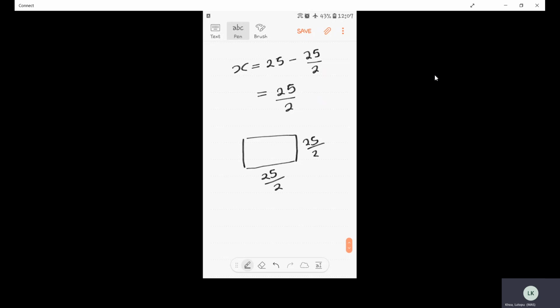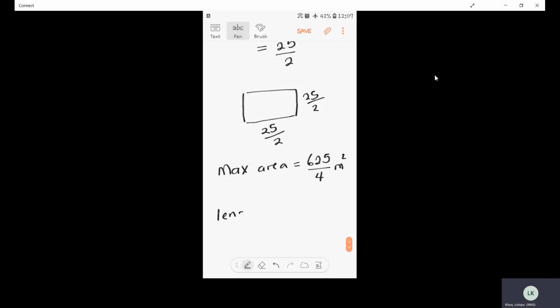Then you can work out the maximum area. The maximum area will be 625 over 4, and this is in meters, so we have meters squared. But we're not asked to work that out, just to find the length and the breadth.